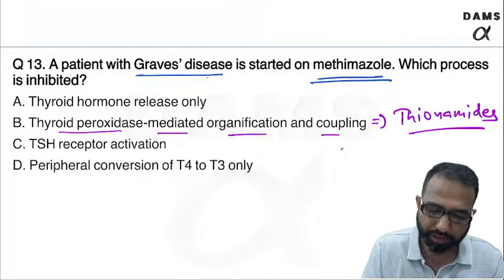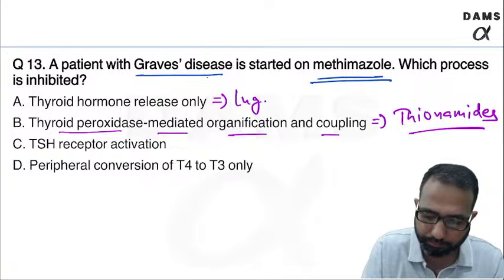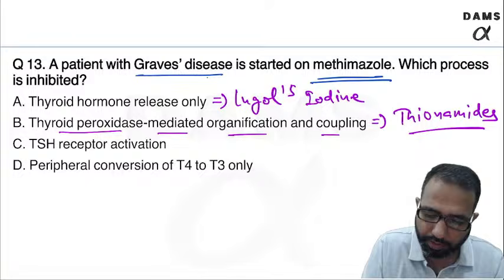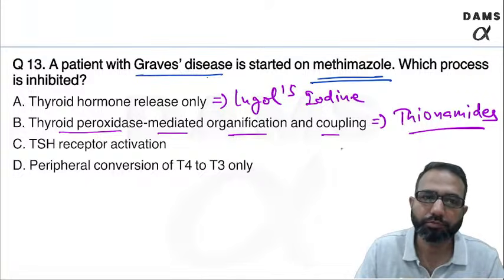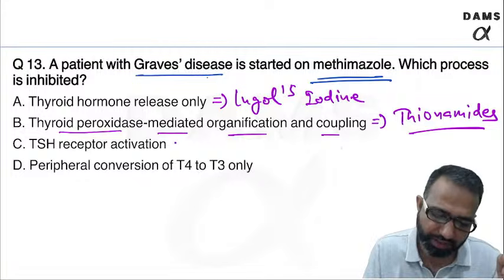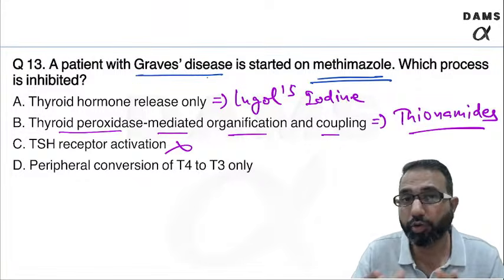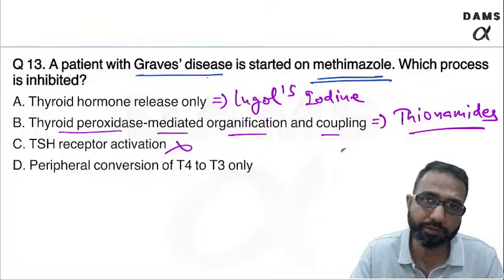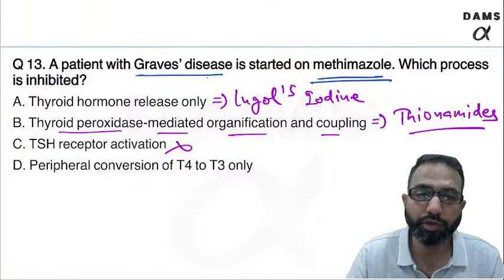Thyroid hormone release: the drug which inhibits the thyroid hormone release is Lugol's iodine. That is inhibiting the release of thyroid hormone. TSH receptor activation, that is one of the new drugs, resmetirom, and resmetirom is approved for fatty liver disease, NASH, non-alcoholic steatohepatitis.